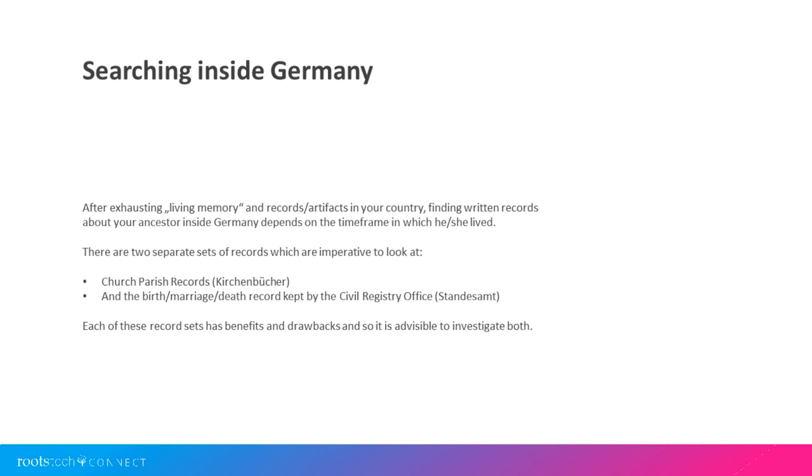They are church parish records, which the Germans call Kirchenbücher, and the birth, marriage, and death records kept by the Civil Registry Office, known as the Standesamt. Each of these record sets has its benefits and drawbacks, and so it is advisable to investigate both. As long as both still exist, please do this.